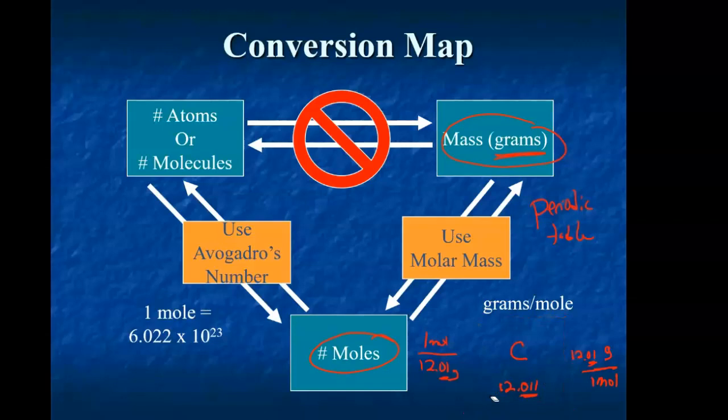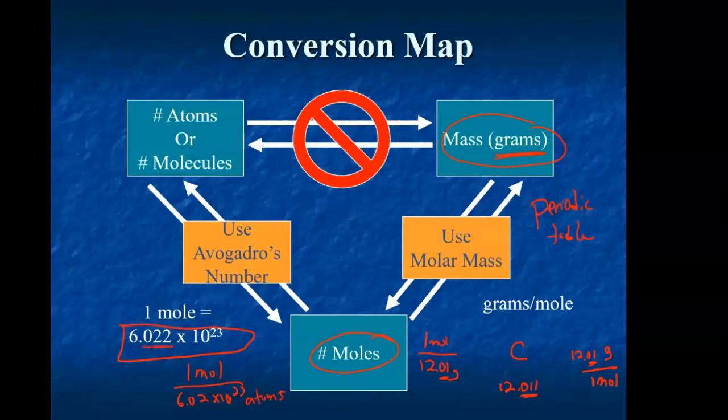Okay, now, if you read the word atoms or molecules, that is this number right here. Right? Atoms or molecules means 6.02 times 10 to the 23rd, right? And when we write this, 1 mole over 6.02 times 10 to the 23rd, and I don't care if you use atoms or molecules.